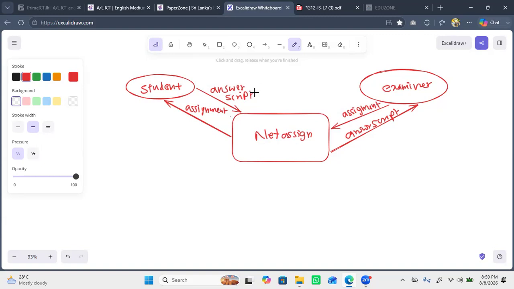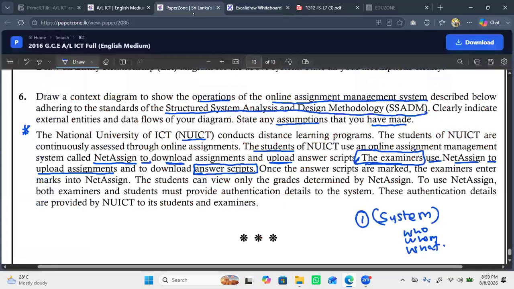You can keep the data flows plural, it doesn't matter, right? Singular, plural is not a problem. Here it's the data. So data stores always should be plural. External entities should always be singular. Remember that, right?